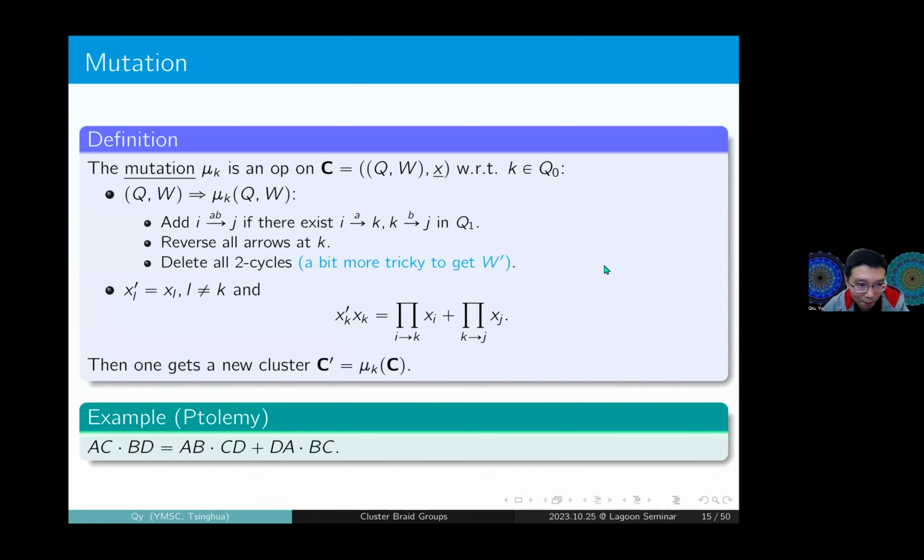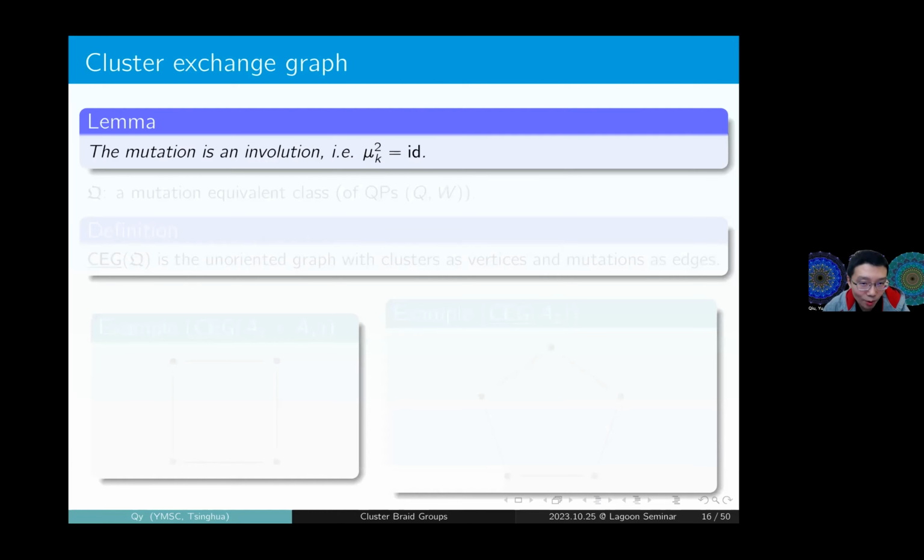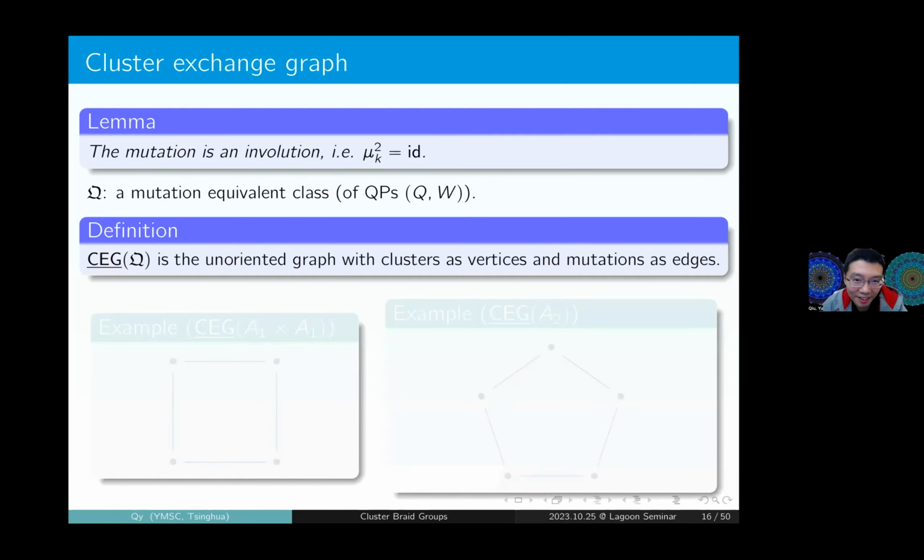But the key point for us, the only thing I care about in this talk, is the cluster exchange graph. So you start with a cluster, and you mutate, and you can obtain many other clusters, and you can identify them. So if the quiver and also the variables match, then you identify them.